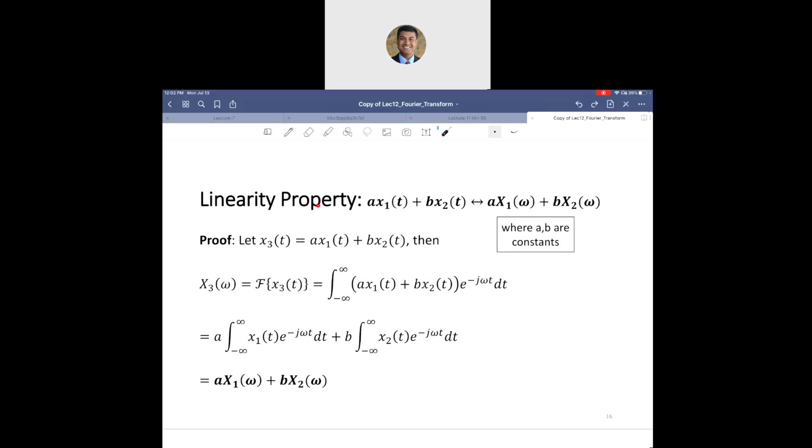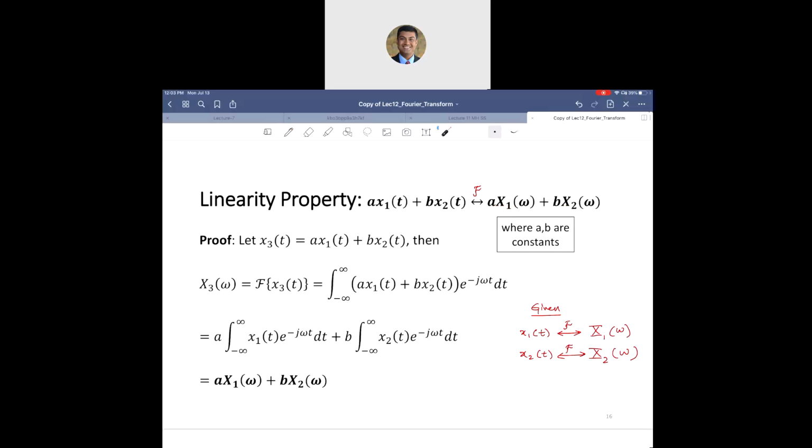The linearity property for Fourier transform says that if you are given x1 of t, the Fourier transform is x1 of omega, and x2 of t, the Fourier transform is x2 of omega, then a scalar a times x1 of t plus b times x2 of t, the Fourier pair of that, will be a multiplied by the Fourier transform of x1 plus b multiplied by the Fourier transform of x2.